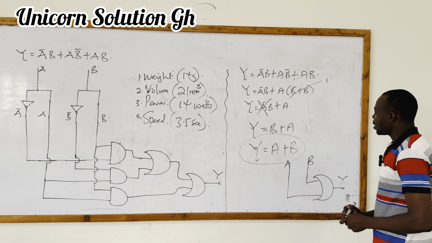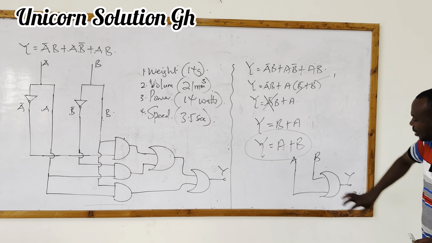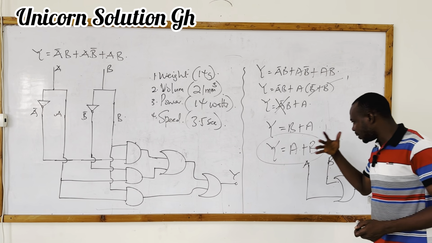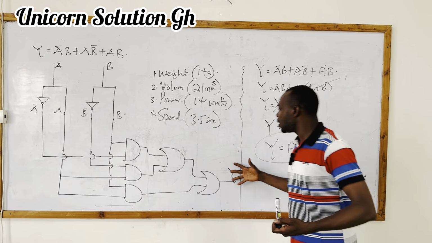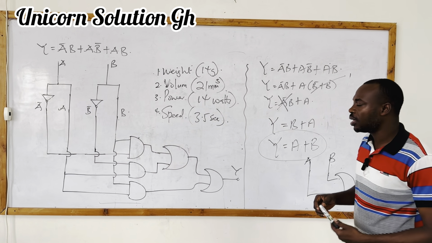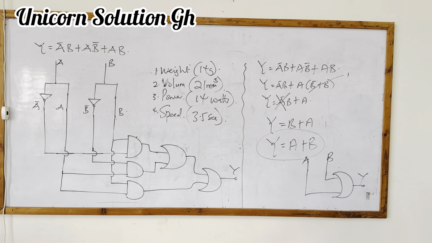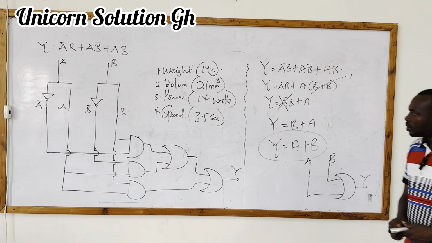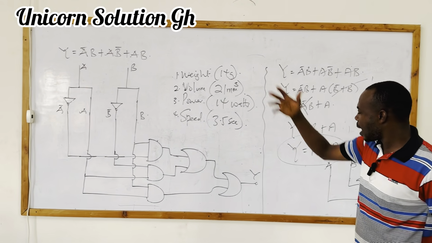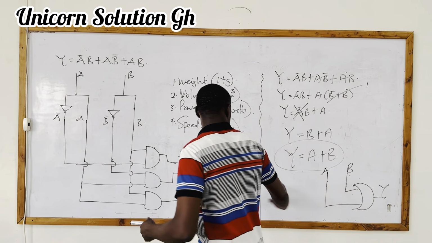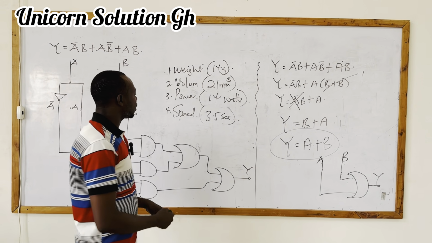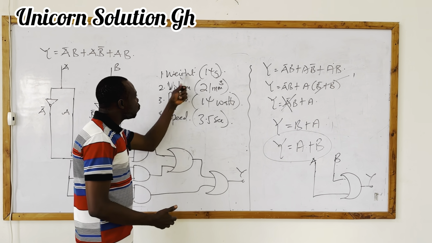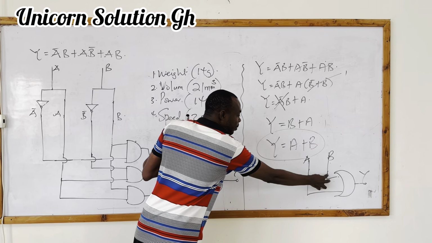So finally, I have just one gate implementing this, and I'll be able to achieve the same solution as the whole of this big combinational circuit. Now let's quickly analyze this against the circuit. It is clear that weight has drastically reduced.